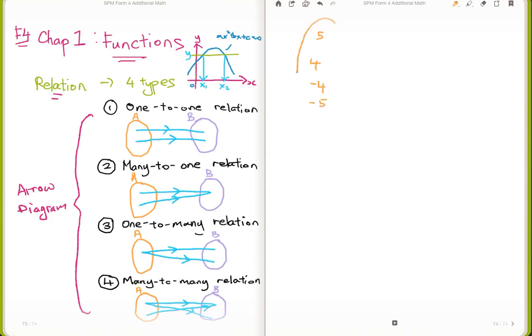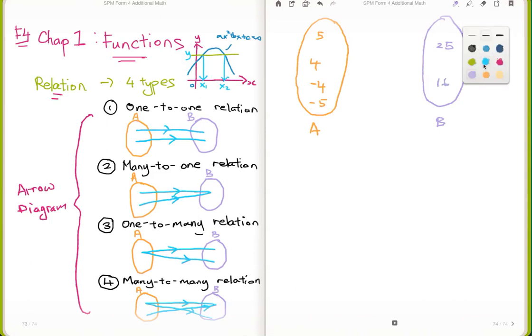Set A is mapped to another set of numbers, set B: 25 and 16. 5 is mapped to 25, 4 mapped to 16. So 4 to 16, 5 to 25, maybe it is x squared. This is given in an equation.